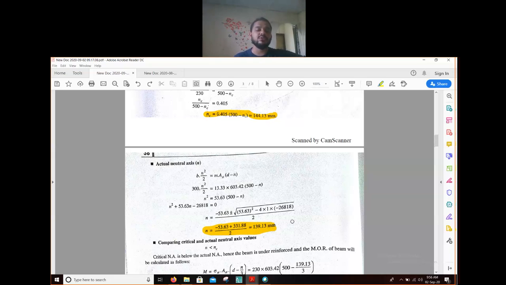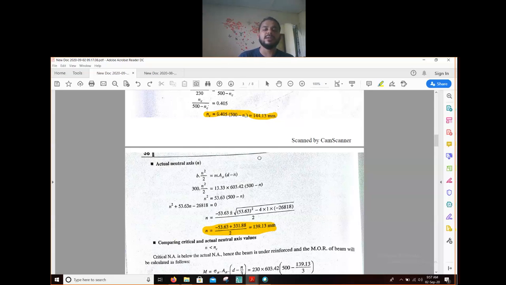In that case, how do you find out the moment of resistance? The formula is different. So will your section be under reinforced or over reinforced? Over reinforced section. Okay, so for an over reinforced section, your formula will be different. Yes, sir.